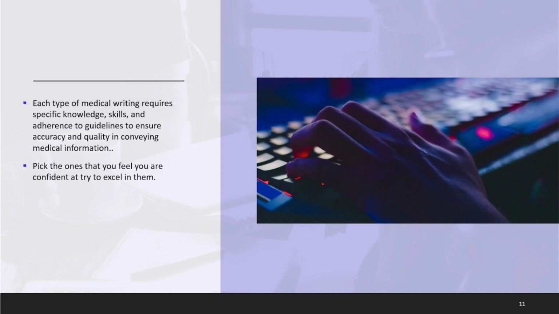Don't make false claims. There should be proper research backing up your claim, and then the way you present it can definitely be changed according to the style that you are comfortable with. So you can pick the ones that you feel confident about and try to excel in them.